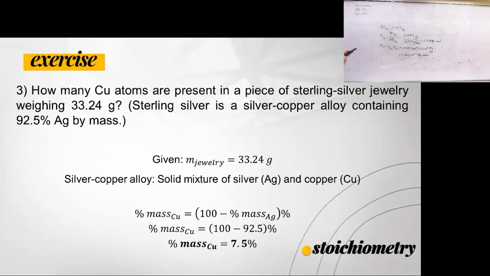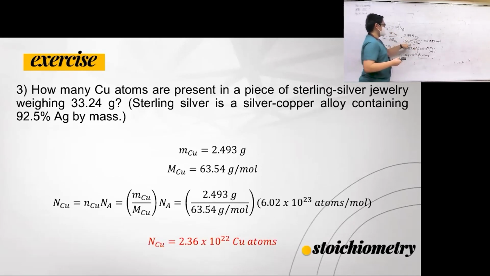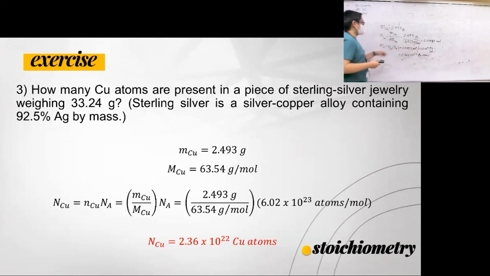So to check, technically speaking, since one mole is 63.54 grams and you have 2.493 grams, if you had 63.54 grams of copper itself, then you would have 6.022 times 10 raised to 23. Since what you have is less than 63.54 grams, obviously the value of your number of copper atoms should be lower.